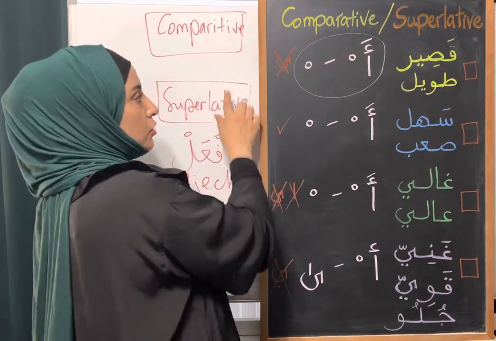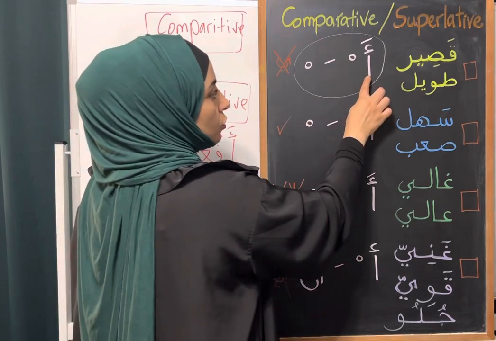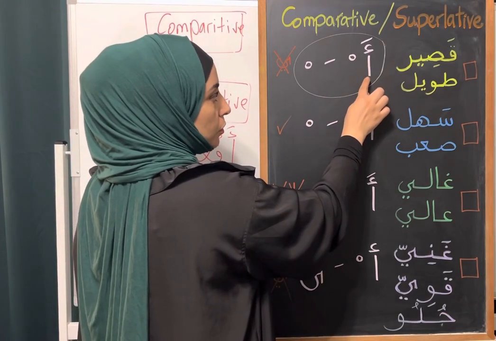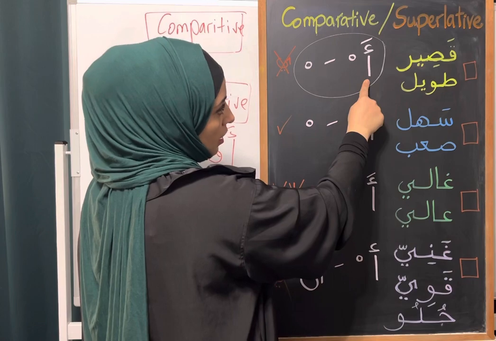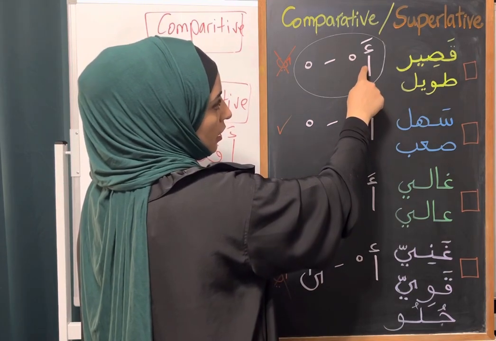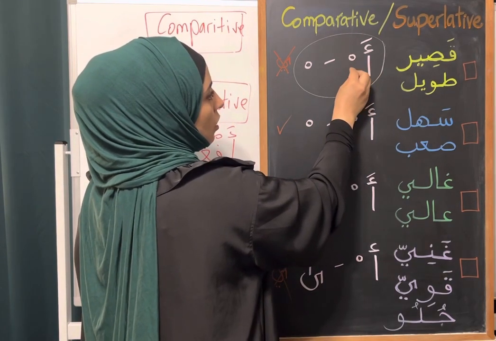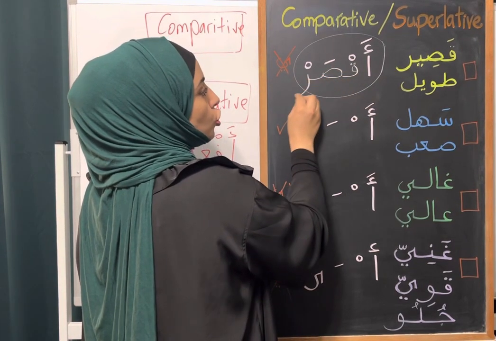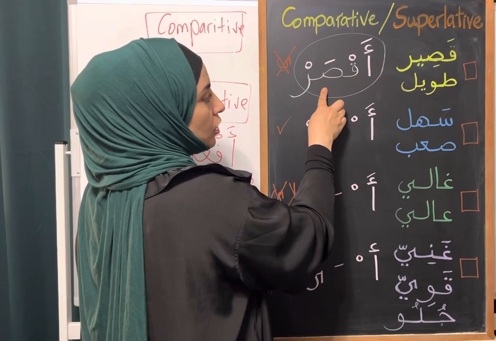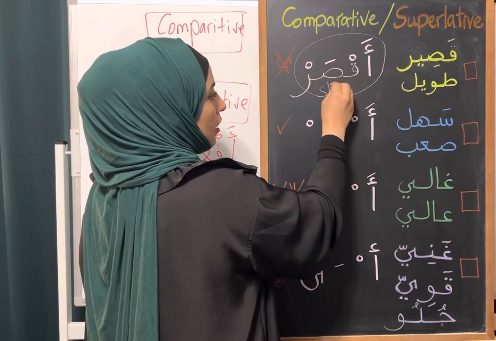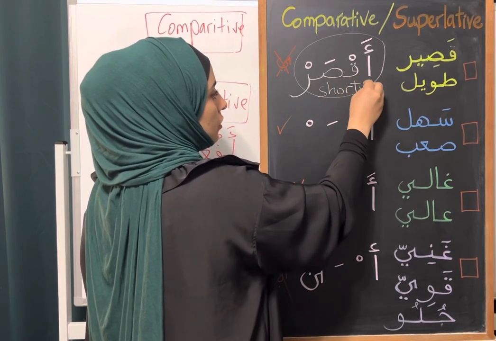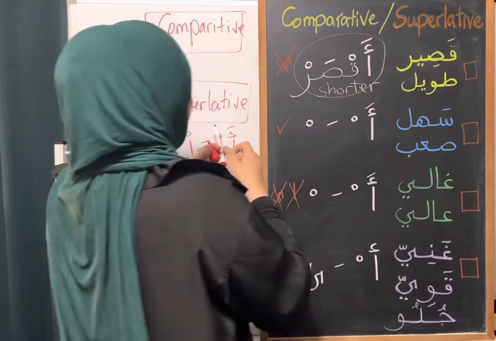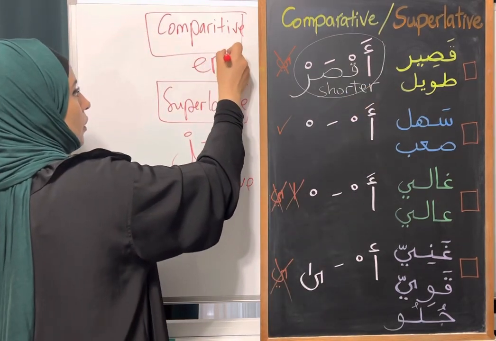When I say that these two are quite similar, we have to remember that there is hamza and alif at the beginning, and then we go أقصر, أقصر, shorter. In English, for the comparative, you use ER, right?